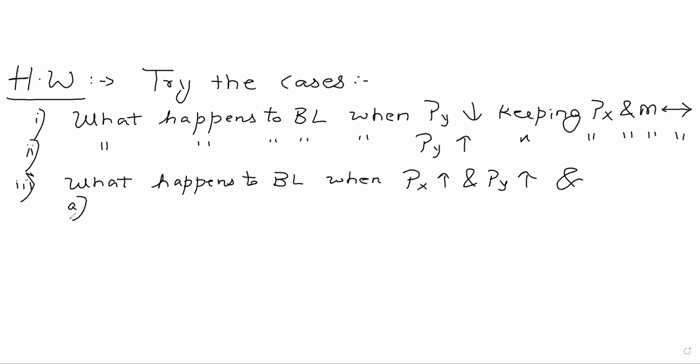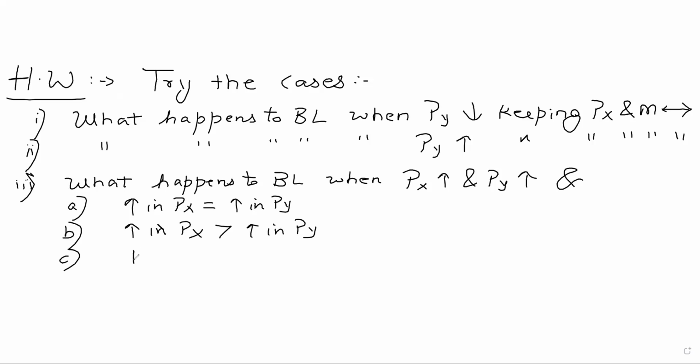Sub case 1, increase in Px is equal to increase in Py. Increase in Px is more than increase in Py. Increase in Px is less than increase in Py. So guys, try these cases at home.